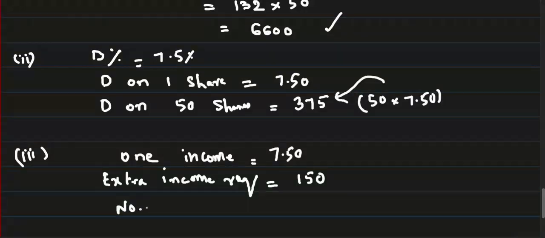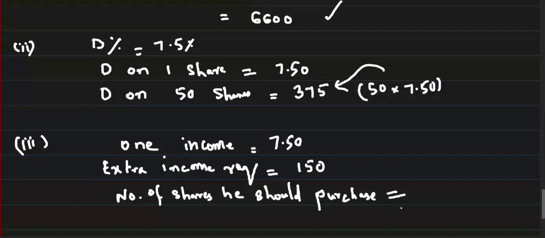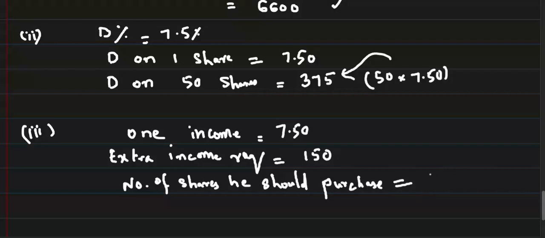Number of shares he has to purchase equal to, what will you do? 150 divided by 7.5. So that will be equal to 20 shares.